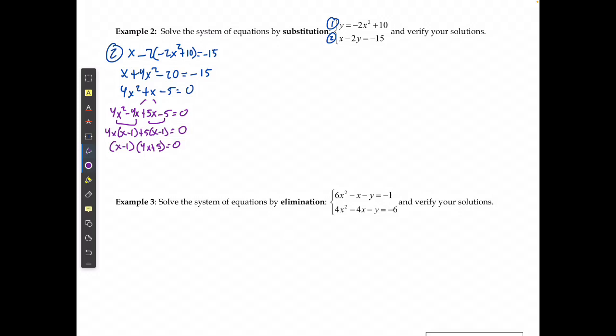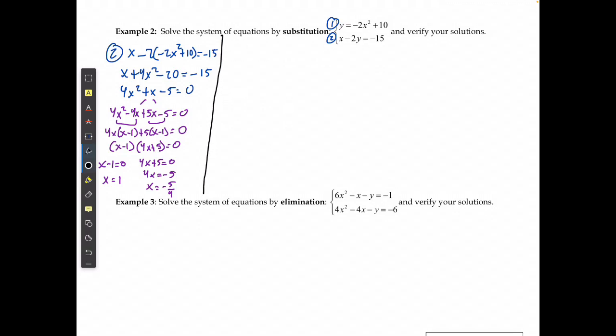This means that x minus 1 would equal 0, or x would equal 1. 4x plus 5 would equal 0, 4x would equal negative 5, and x would equal negative 5 over 4. So, I've solved for my possible values of x.